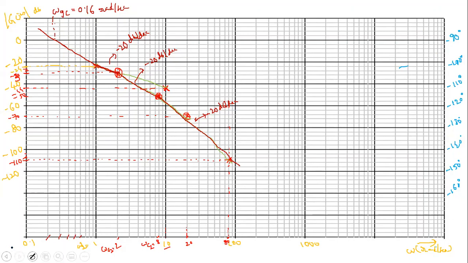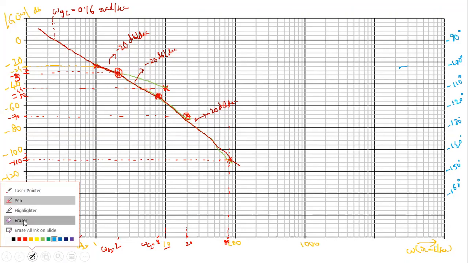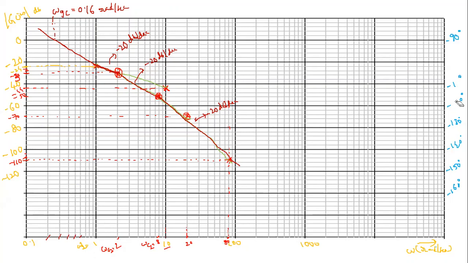So minus 110, minus 130, minus 150, minus 170, minus 190, then minus 210, then minus 240. Okay, then first point.